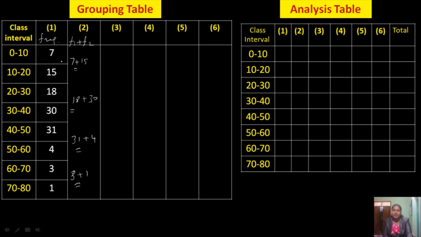In column 3, you omit the first frequency and add the remaining frequencies in 2's. That is, leave the first and add 15 plus 18, and write it in the center of 15 and 18. Like that, add 30 with 31 and then 4 plus 3.